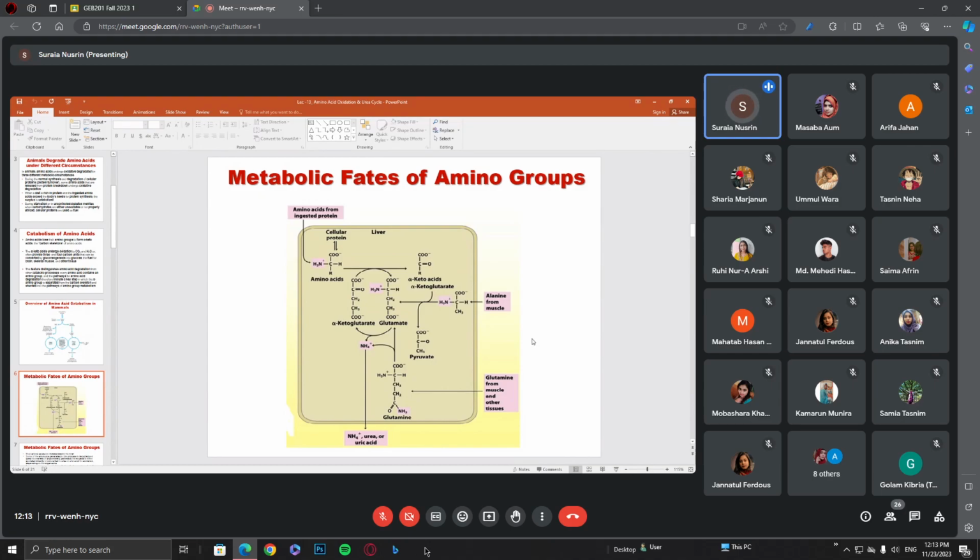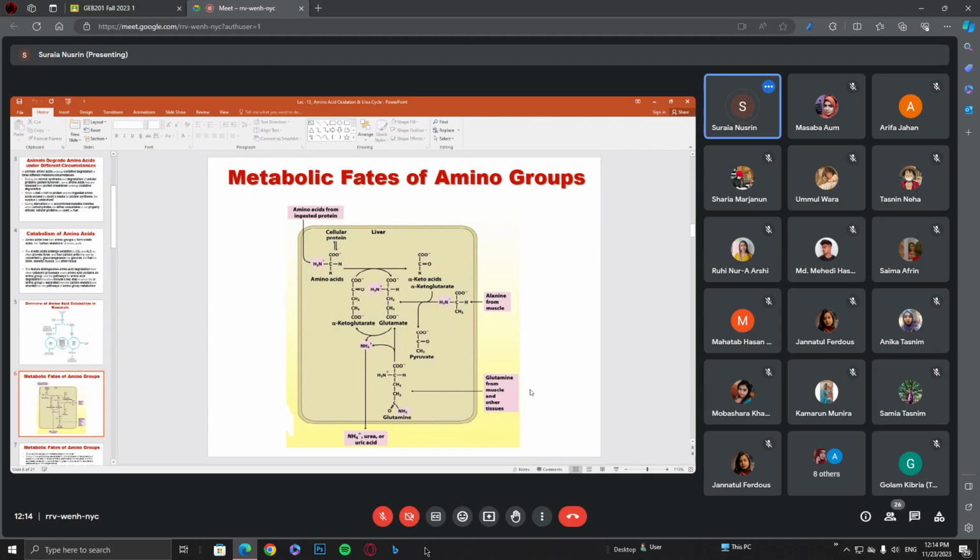Pyruvate receives the amino group from the amino acids of the muscle, and then pyruvate is converted to alanine. Now the alanine goes to the liver, and here the amino group is transferred to alpha ketoglutarate, which becomes glutamate, and alanine becomes pyruvate. And if you remember, pyruvate can then be converted into acetyl CoA, or pyruvate can also be used to synthesize glucose.